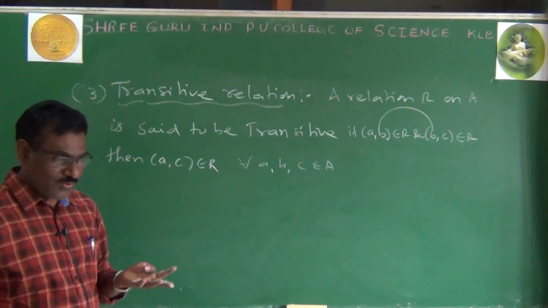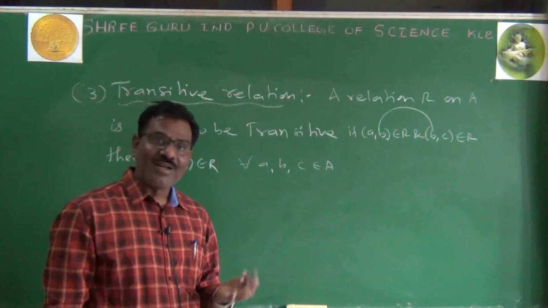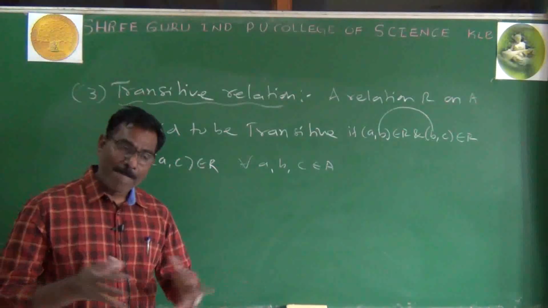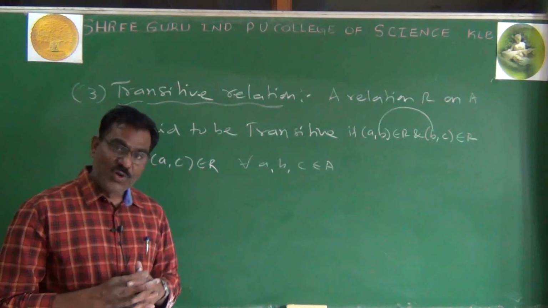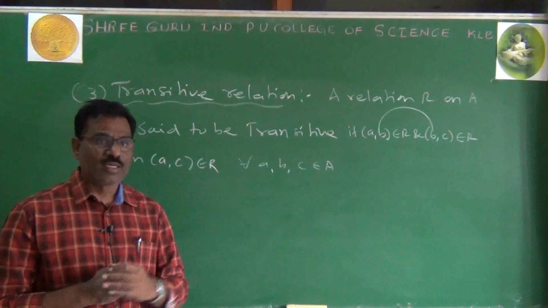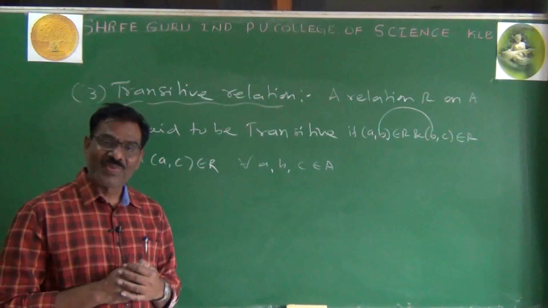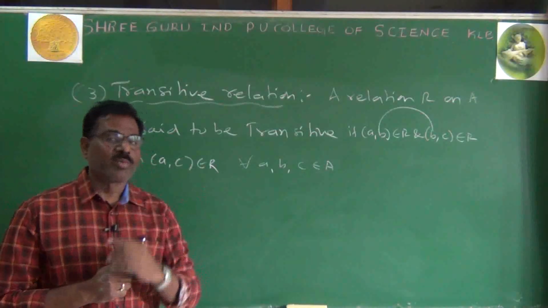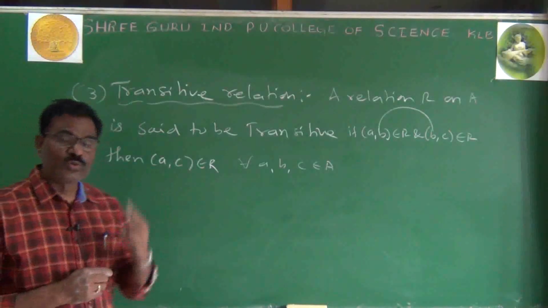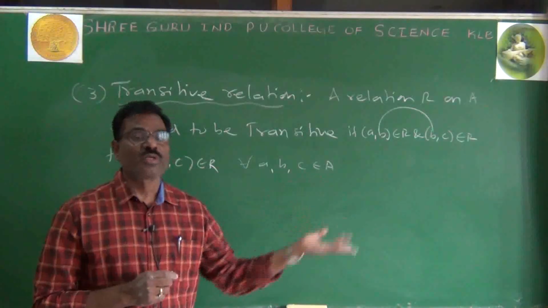So reflexive, symmetric, and what is the next one? Transitive. In reflexive, no order pair, one element is given, small a comma a, you have to prove. In symmetric, one order pair is given, a comma b, we have to prove b comma a. But in transitive, two order pairs are given, you have to prove the third.